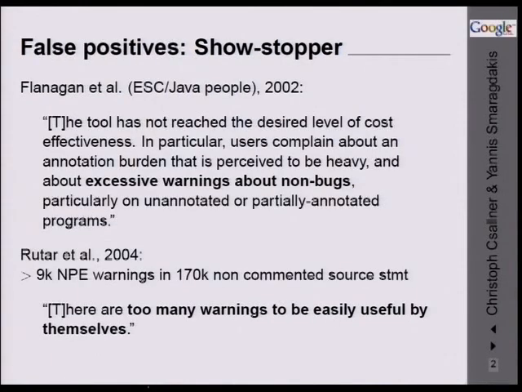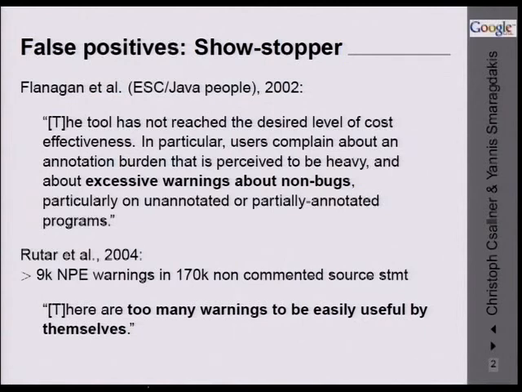Here I have one quote from the ESC/Java developers. ESC/Java is one of the heavyweight, deep tools that try to find bugs in software. The authors say that the tool has not reached the desired level of cost effectiveness. In particular, users complain about an annotation burden that is perceived to be heavy, and about excessive warnings about non-bugs, particularly on unannotated or partially annotated programs.